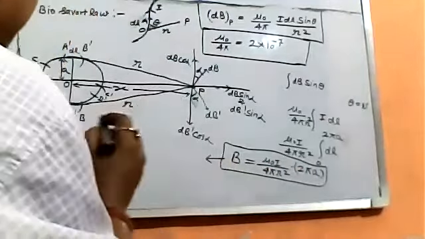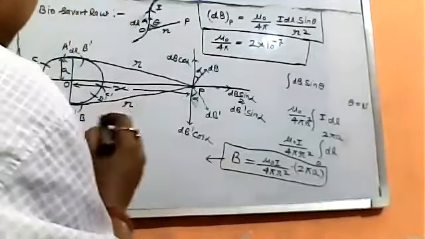Electrostatic. 1 by 4 pi epsilon 0. P by r square plus a square whole raised to 3 by 2. Very good. Means 1 by 4 pi epsilon naught P divided by a square plus x square.